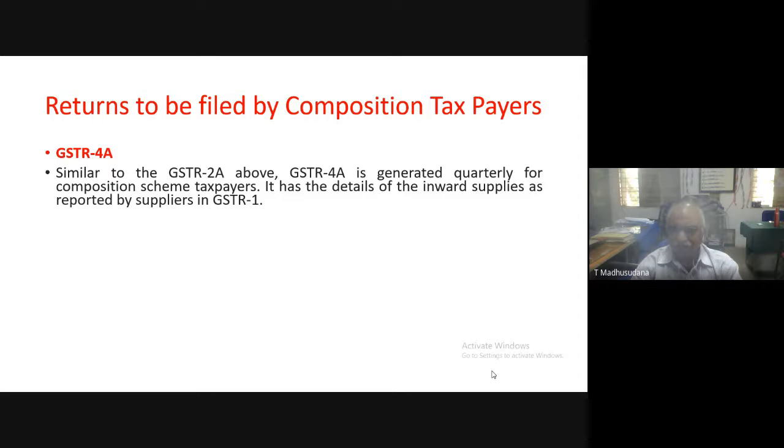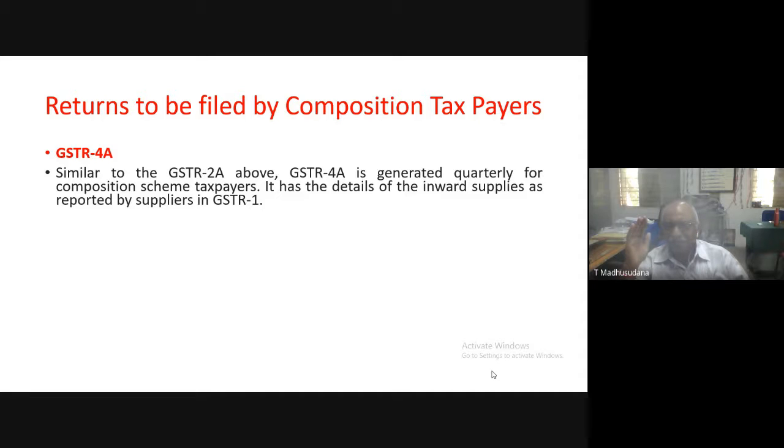It has the details of the inward supplies as reported by suppliers in GSTR 1. Okay. So the GSTR 4A is generated quarterly because the composition taxpayers have to file quarterly reports. No monthly returns are submitted by the composition taxpayers. Composition scheme traders are required to submit their quarterly returns.